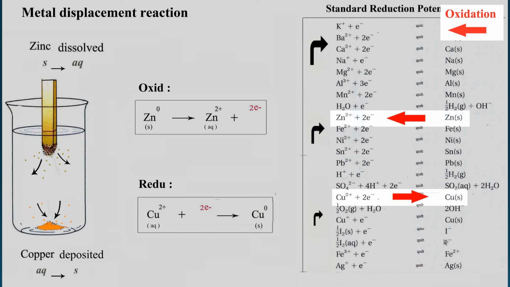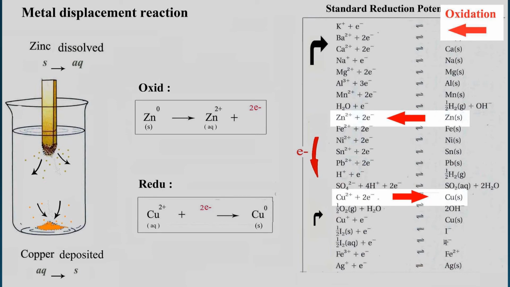So this is the way to do metal displacement determined by oxidation and reduction. And for electrons, you can see the trend. Follow the red arrow. Electrons flow from the top down to the bottom.